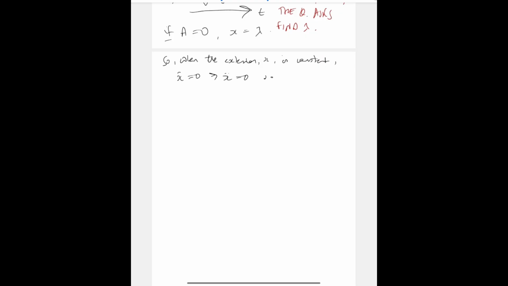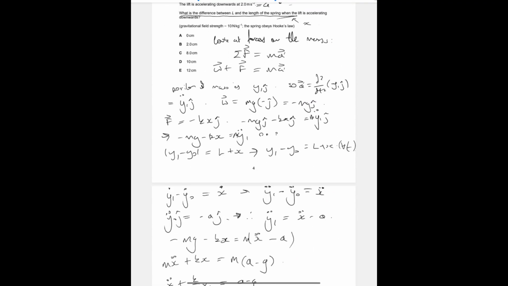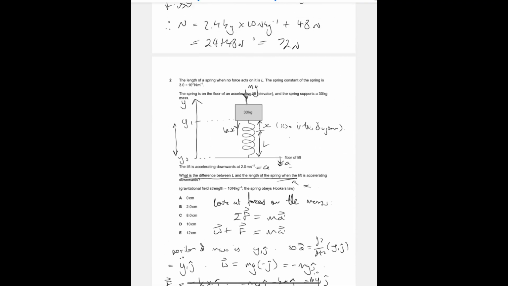you get y1 double dot equals minus a. So what that means is, this also accelerates with acceleration a.